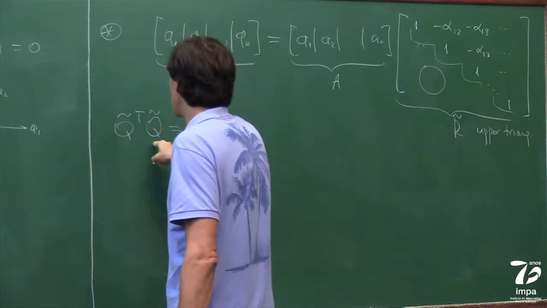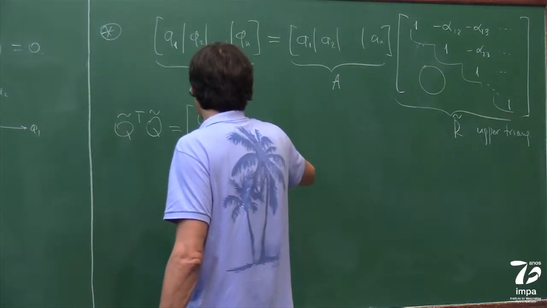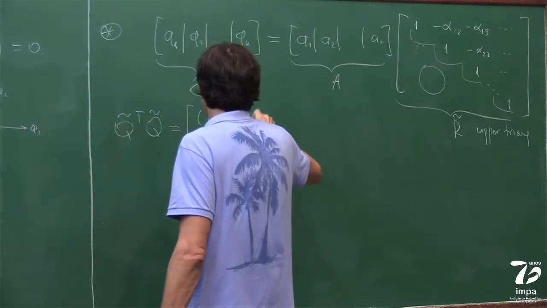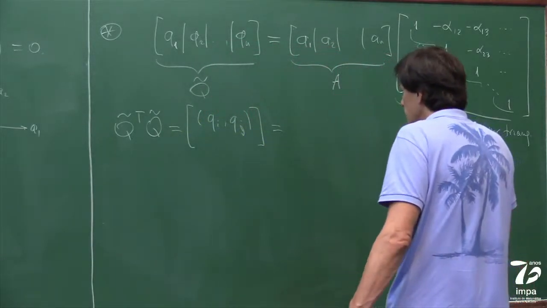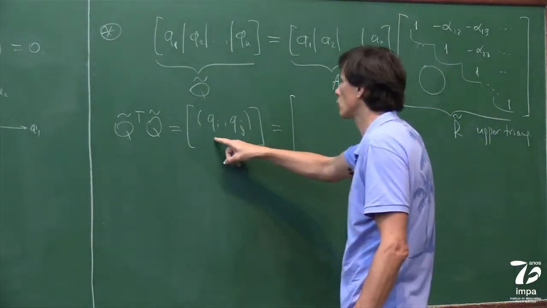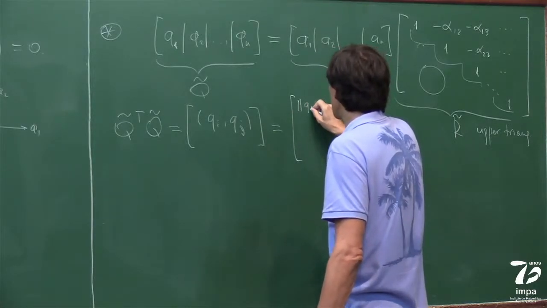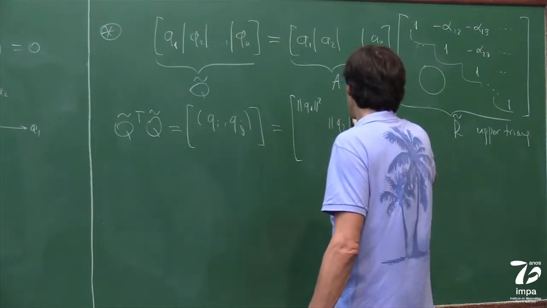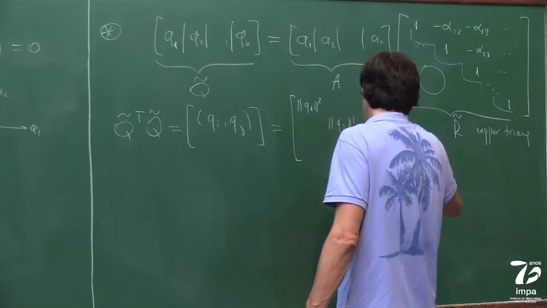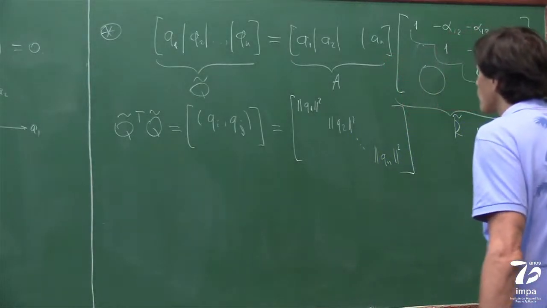It's a matrix of scalar products of Qi by Qj, right? And this is a diagonal matrix because they're orthogonal. So you only have Q1 squared, Q2 squared, until Qn squared. So it's a diagonal matrix.